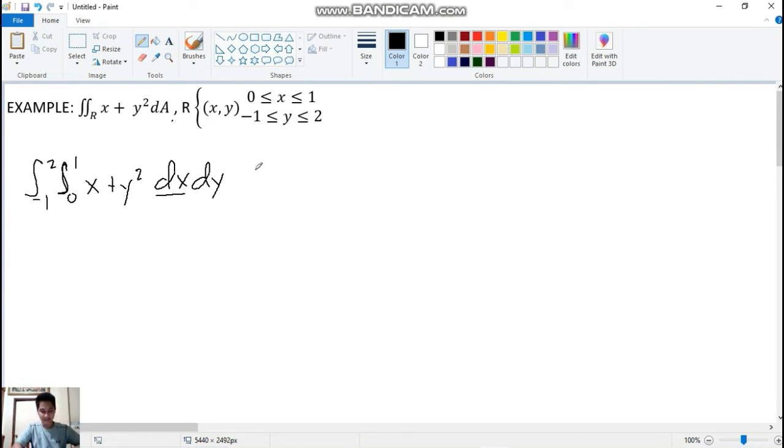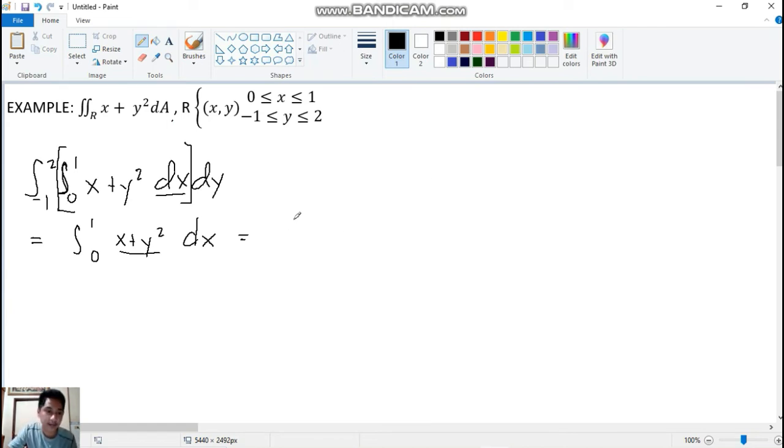The first thing to do is to get the antiderivative in terms of x. So the integral of x plus y squared dx. What is the antiderivative of x?